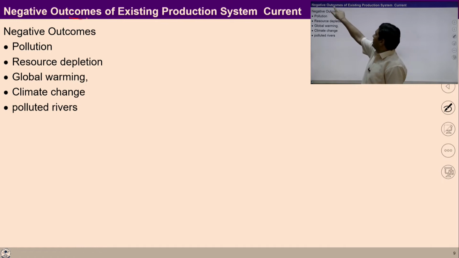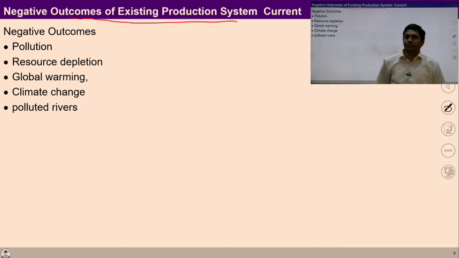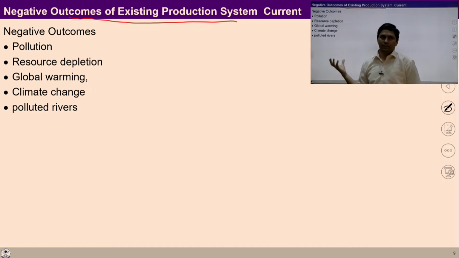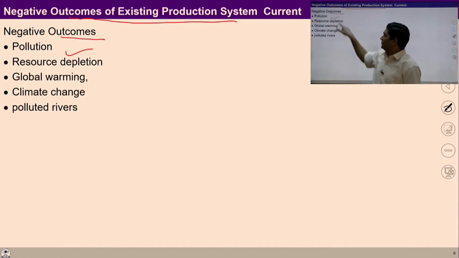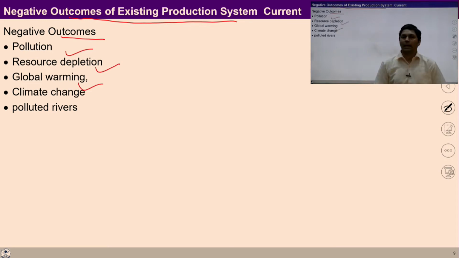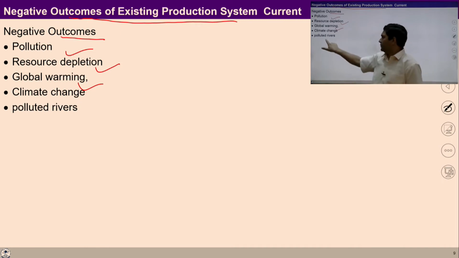So negative outcomes of the existing production system are because of the ignorance of the three criteria which we have talked about just now. There are many negative outcomes like pollution, resource depletion, global warming, climate change, polluted rivers, etc. Many problems.